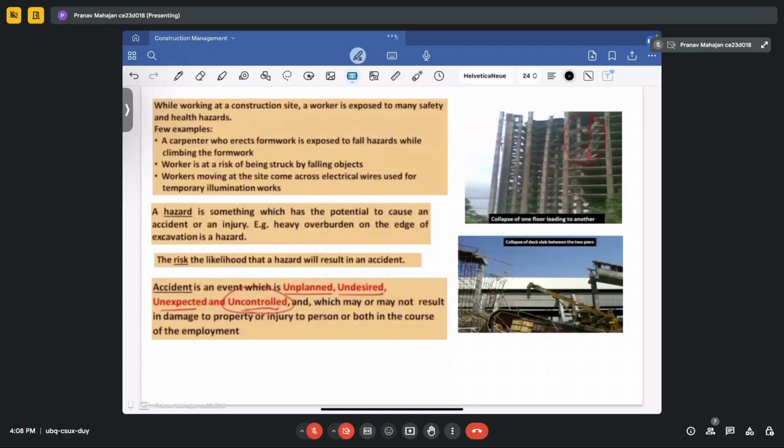You can see from the pictures also the hazards that happen, in which one floor got broken, and after that, various floors nearby also got broken due to that one floor. Another thing you can see is the collapse of the deck slab between two piers.